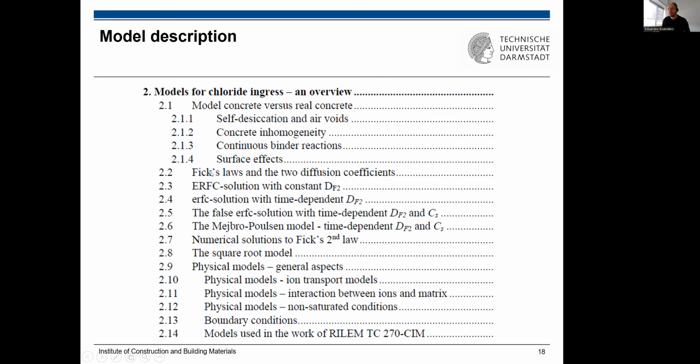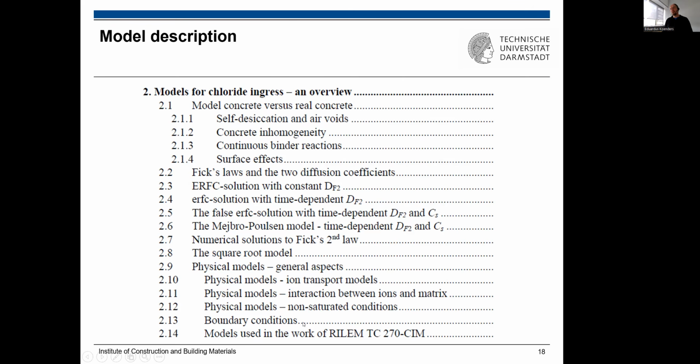You see all kinds of error functions, but also numerical solutions and square root models, so from very simple to very complex, and also the physical models where the ion transport is explicitly mentioned. The interaction with the matrix, or the binding component, is also mentioned here, and also the saturated conditions. Boundary conditions, of course very important, are also mentioned.